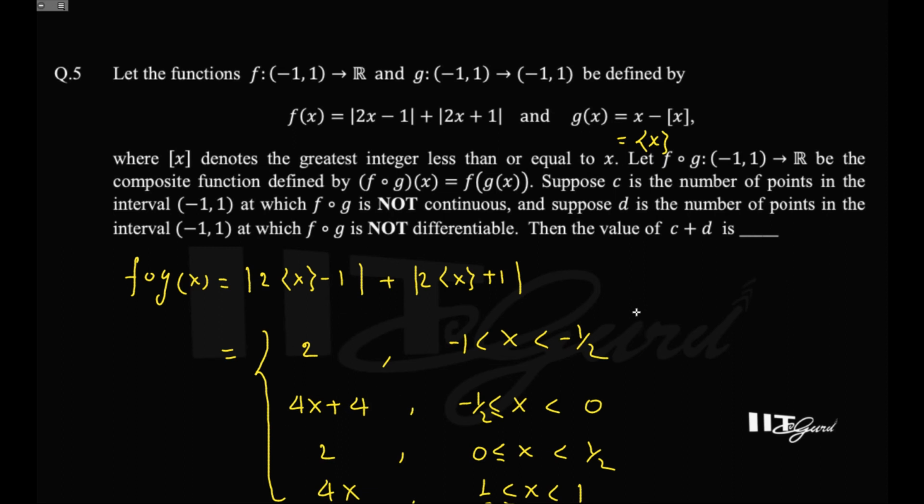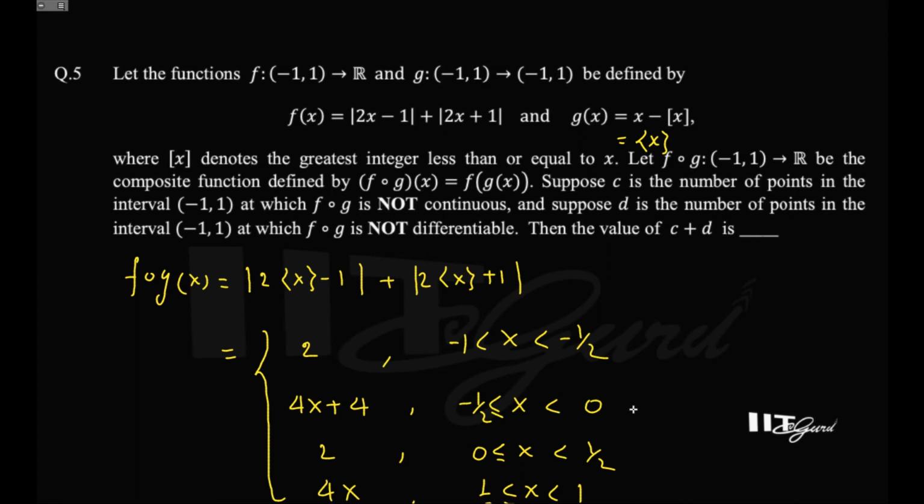It is very obvious that it is discontinuous at x equal to 0. At x equal to 0, you can see over here 0 minus h gives 4 and 0 plus h gives 2. So it is a discontinuous point. Suppose C is the number of points in the interval where it is discontinuous.